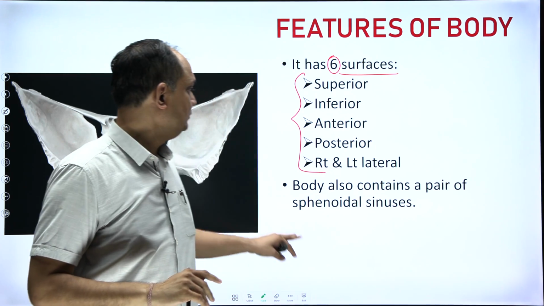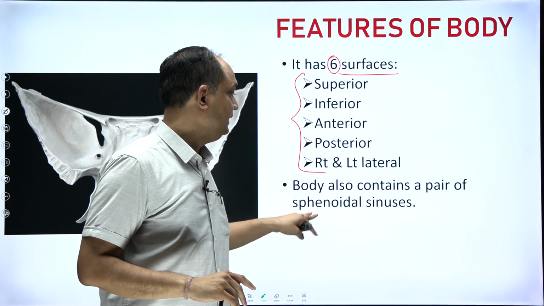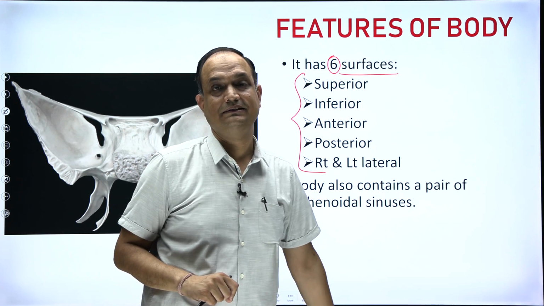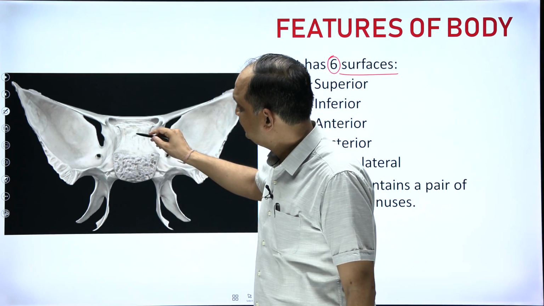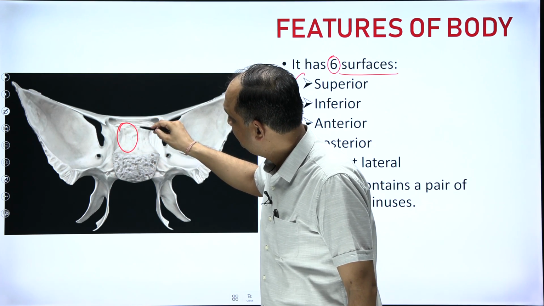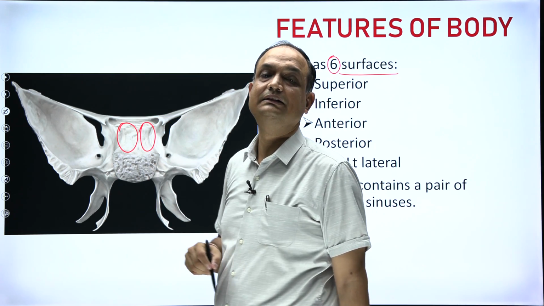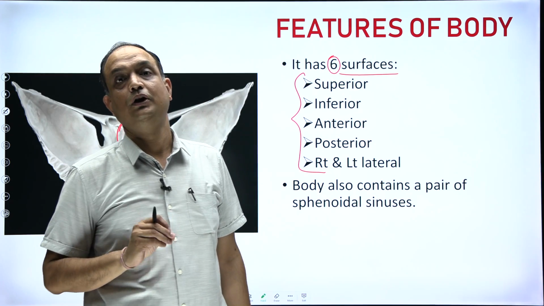Clear? The body also contains a pair of sphenoidal air sinuses, because the sphenoid is also a pneumatic bone. In the center of this body you will find the air sinuses.